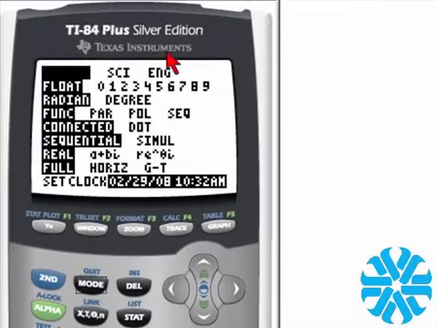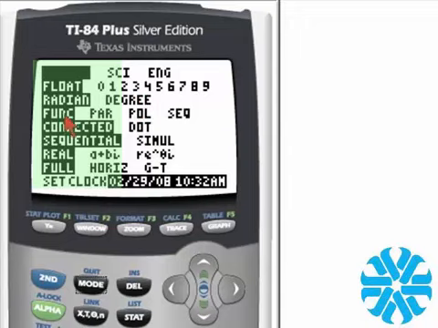Now let's take a minute to see what our actual modes should be when we're using our calculator, just for the basics. It should be in normal mode, floating point decimal. Radian or degree mode does not matter unless you're using trigonometric functions.